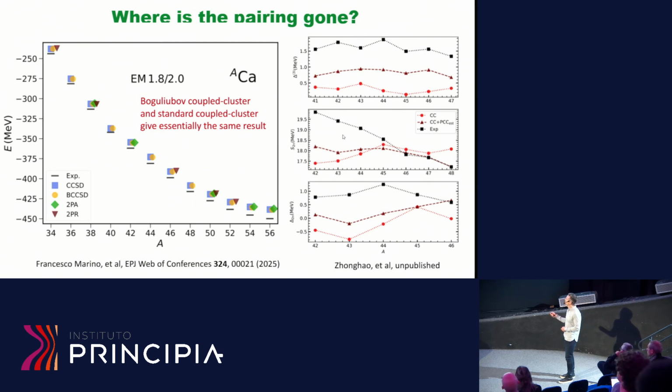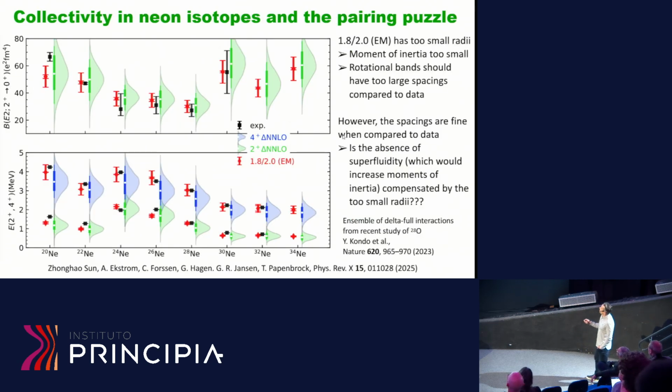You can see that all these methods here basically agree with each other, which again emphasizes that including superfluidity in the reference state by breaking particle number is not necessary to obtain good agreement here. So you might then ask yourself, what is the impact on rotational spectra and transitions?